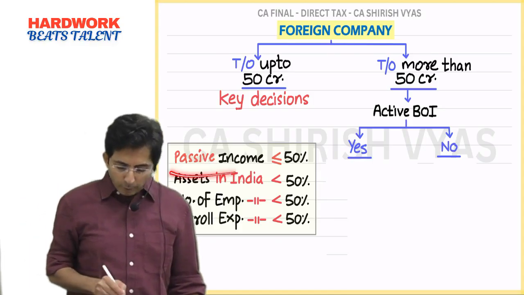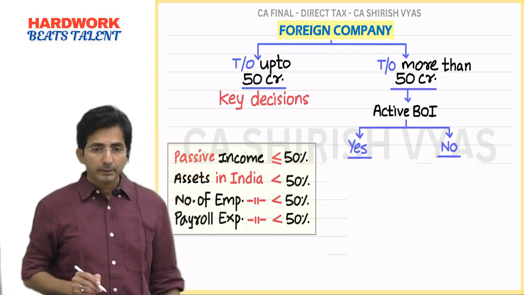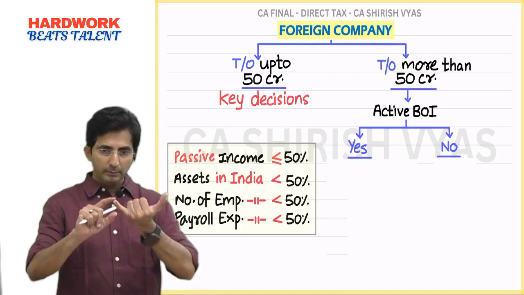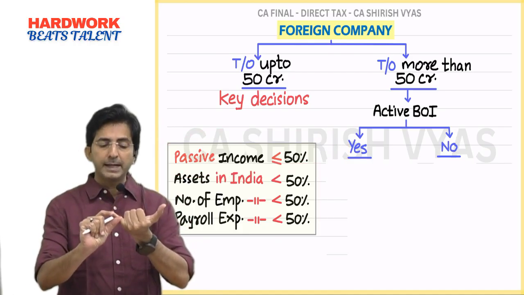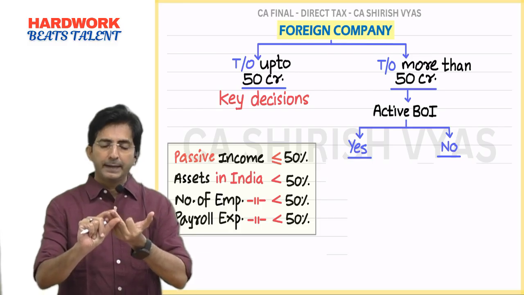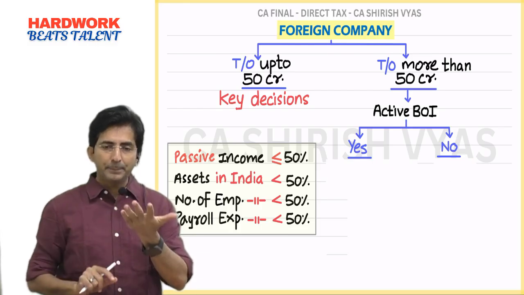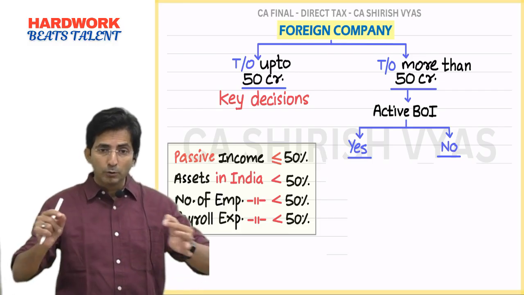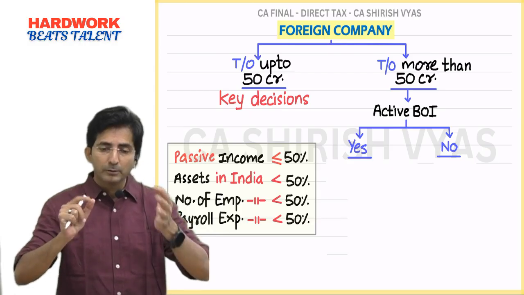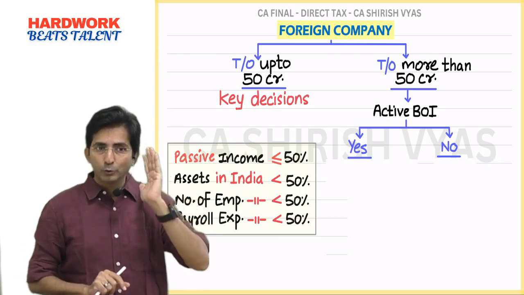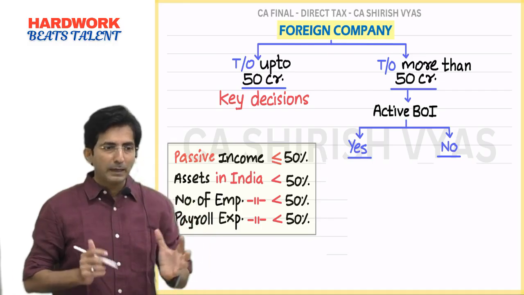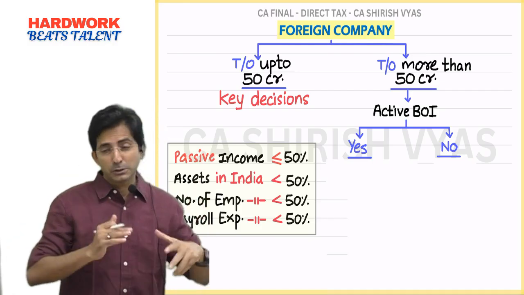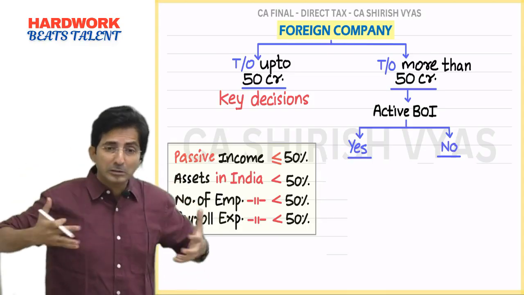Tell me, what is the meaning of passive income? It includes, look, one important point will come: interest, dividend, rent, royalty, capital gains, and sometimes purchase and sale of goods also becomes passive income. This sounds a little weird, na? Because generally when I have to buy the goods and struggle to sell the goods, it looks like active.